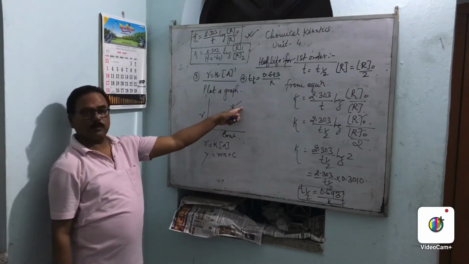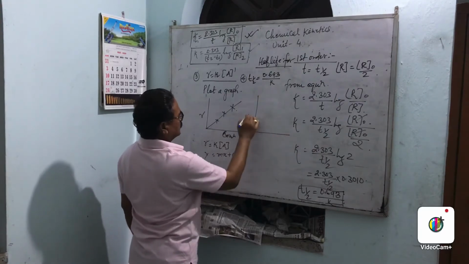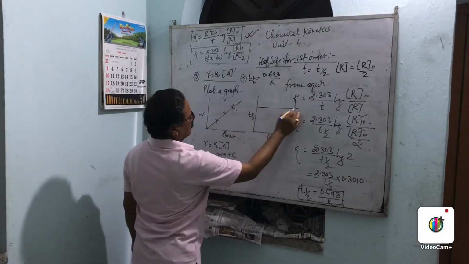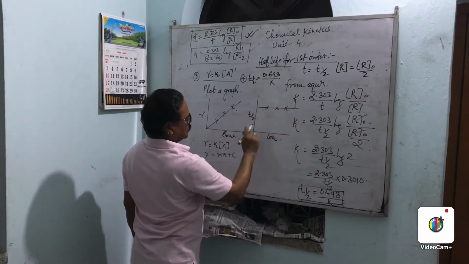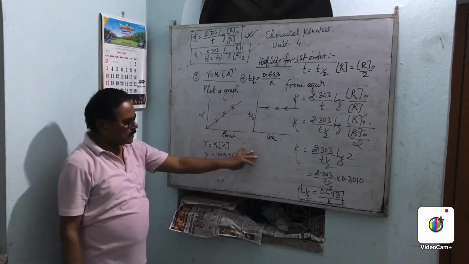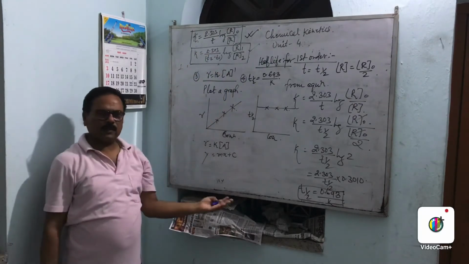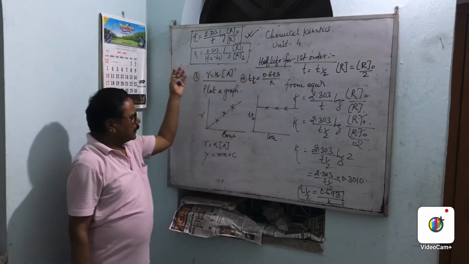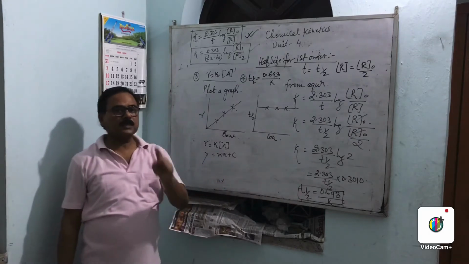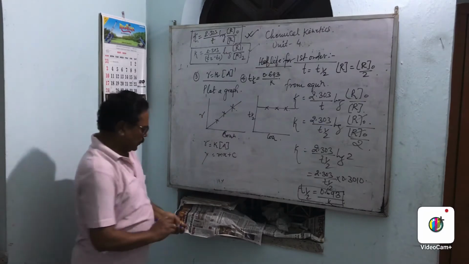That's why the curve will pass through the origin. Now if there is a concentration and we take T half, because it is a constant, a curve is obtained like this way. So this is the graphical representation from this equation for the first order reaction, for the half-life, and the earlier plot is for the log R versus T. So the problem based on graph we can plot by that equation.